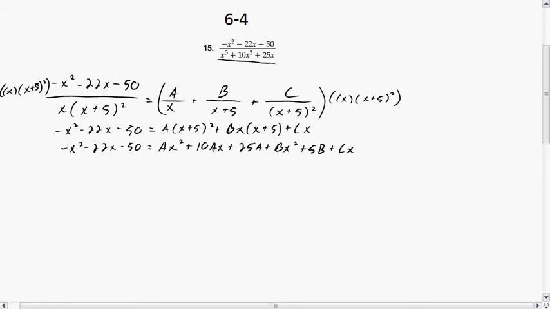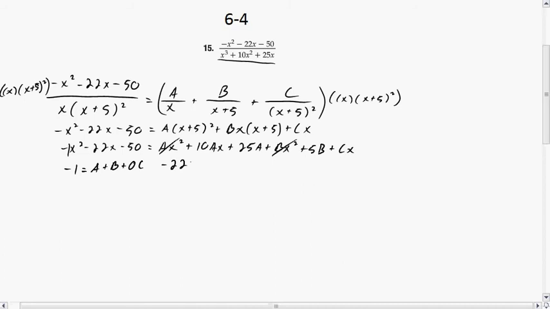Here we have negative 1x squared, so we'll take negative 1 and make the coefficients equal. So negative 1 equals A, because that's ax squared, plus B, that's Bx squared, plus 0C, because we don't have a Cx squared, we want C in there anyway. And then for the next one, we'll use negative 22x.